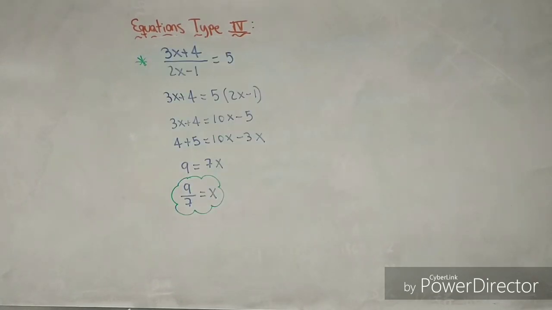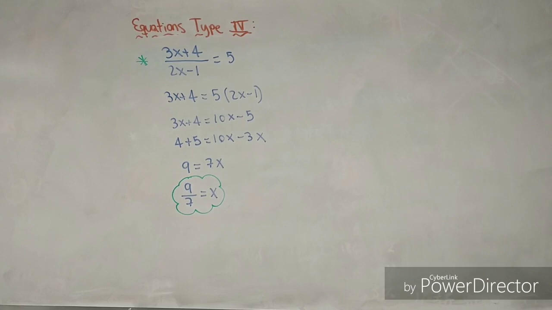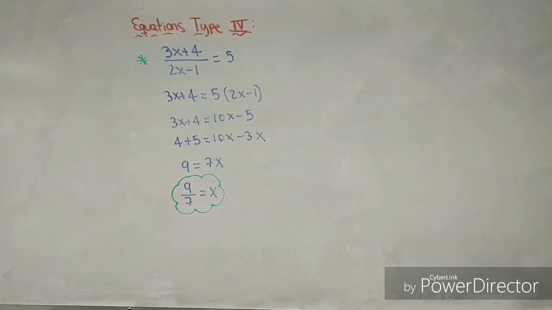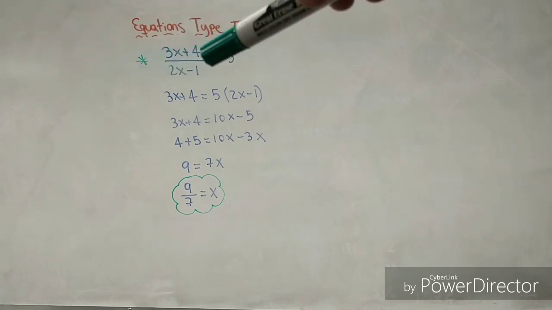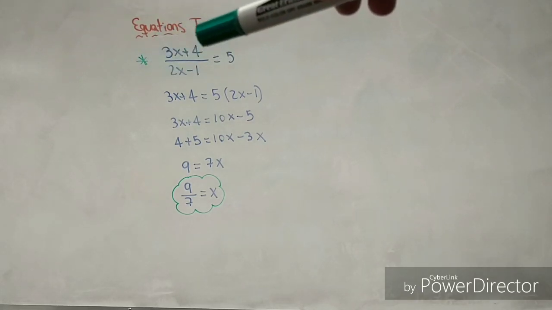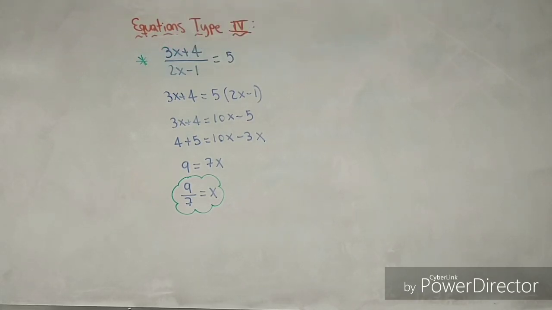As a last example, we're going to solve this one. This can be tricky because the initial exercise doesn't have a parenthesis or a bracket. But you can notice that we have an operation at the top and at the bottom.